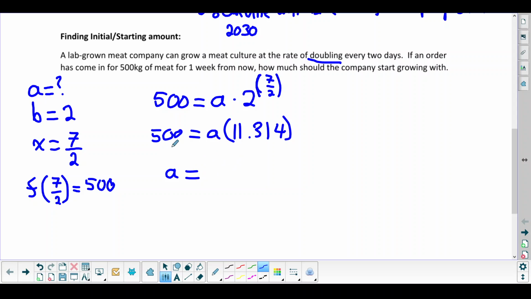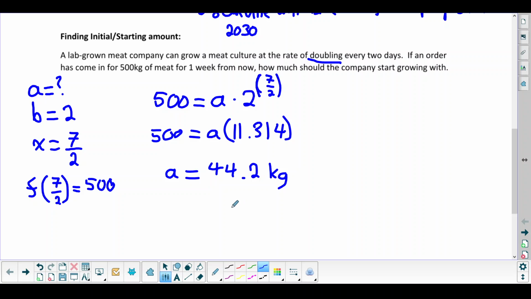When we divide both sides, so 500 divided by, and I'm going to keep all those decimals in my calculator by using the answer button, we get about 44.2. Normally we don't use decimals because we're dealing with people, insects, numbers of bacteria, whole quantities. But in this situation, we're dealing with an amount of mass, kilograms. So you can have 0.2 of a kilogram. That makes sense.